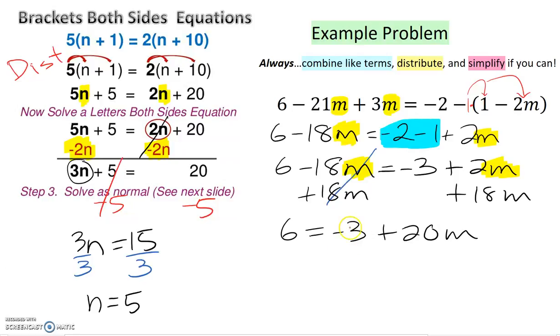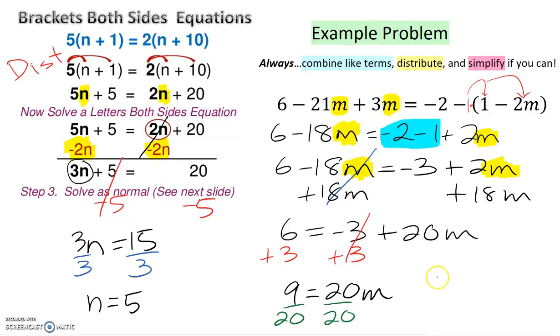And in this case, we have a negative 3. So to get this to go to 0, we have to add 3 on both sides. And we have 9 equals 20m. And to finally get m by itself, we divide both sides by 20. And we are left with 9 over 20 equals m.